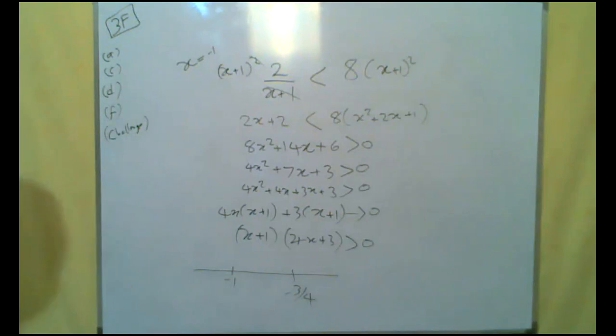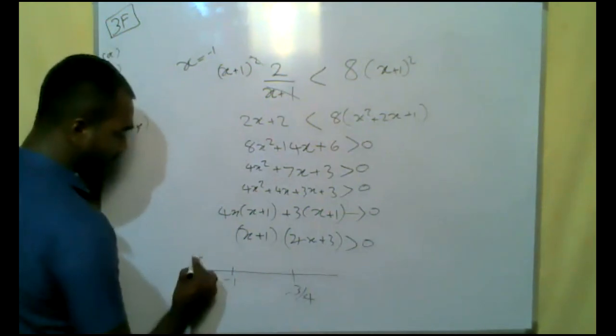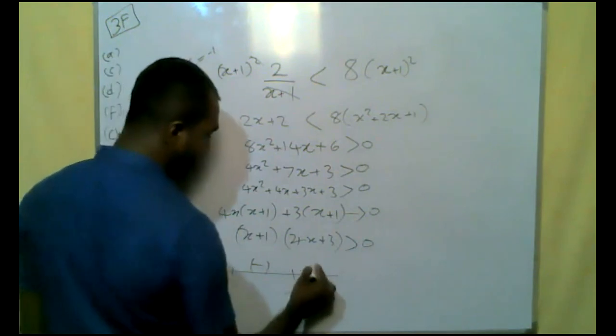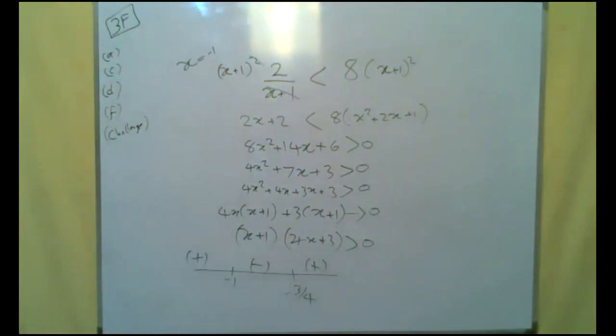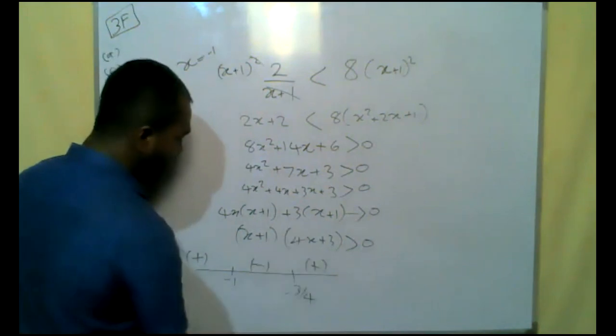So actually from our pattern, we can easily say that when there are two factors only, this part should be positive, this part is going to be negative, and this part is going to be positive again. That is the sign pattern we need when there are two factors.